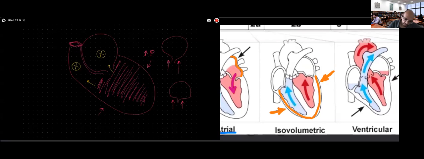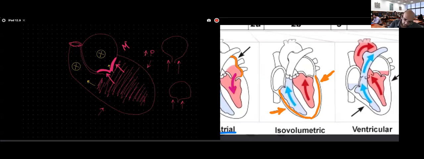So as the blood is trying to move backwards, the AV valves will close. If we're looking at the left side, this means that the mitral valve is the one that will close, preventing the backflow of the blood.